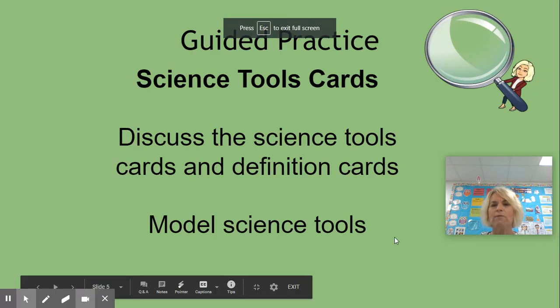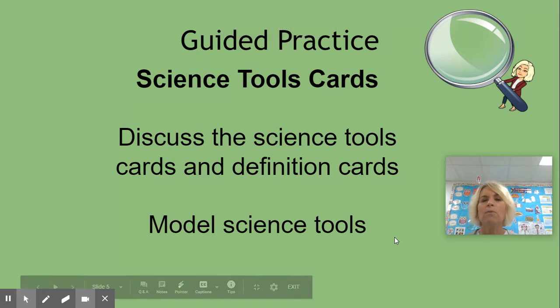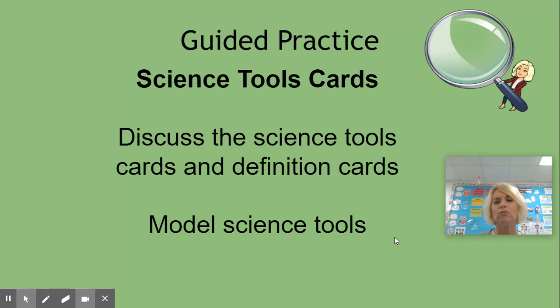Okay, so now that you've watched our video, we're going to work on adding some science tools to our science notebook. I want you to take these pieces of paper, which are going to be in your folder that you got at Open House, and cut them out really quickly.